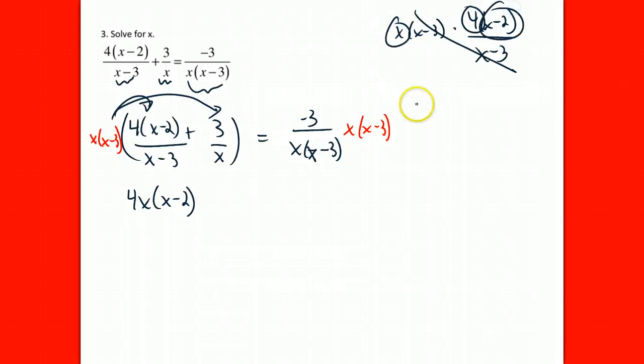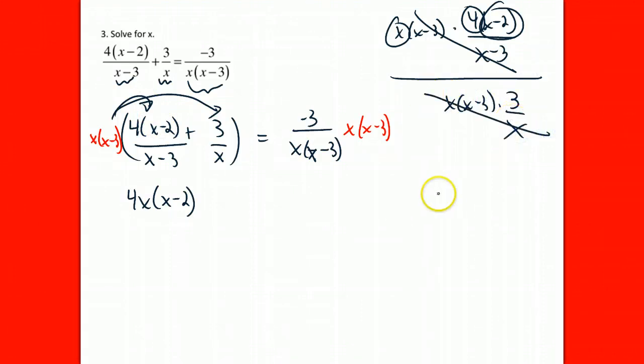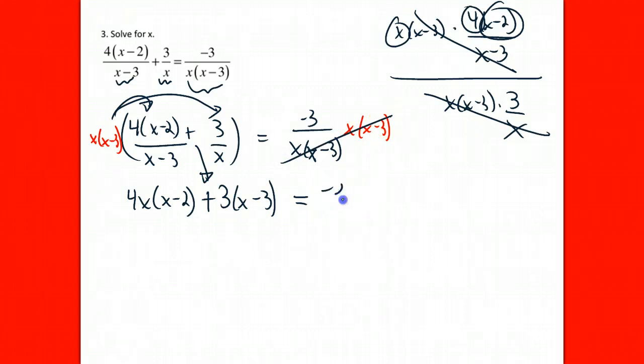In the second distribution, x times x minus 3 times a 3 over x, it's the x's that cancel. And your plus sign in between, you're left with 3 times quantity x minus 3. Then your equal sign, now everything cancels. And you have a negative 3.